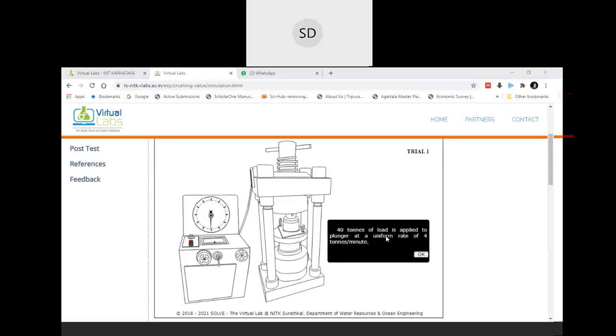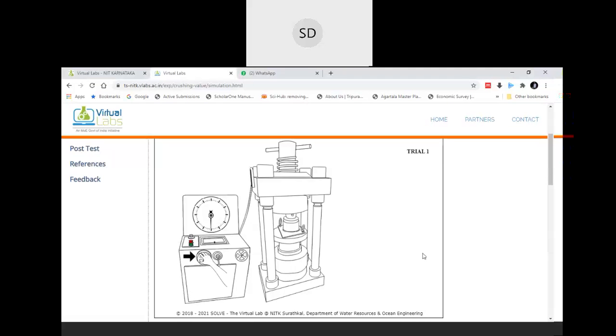Now 40 tons of load is applied to the plunger at a uniform rate of 4 tons per minute. That is basically your gradually applied load, and you start your lever and start your machine.